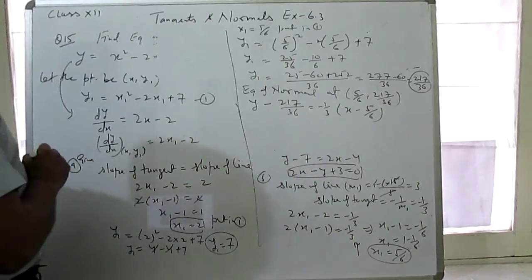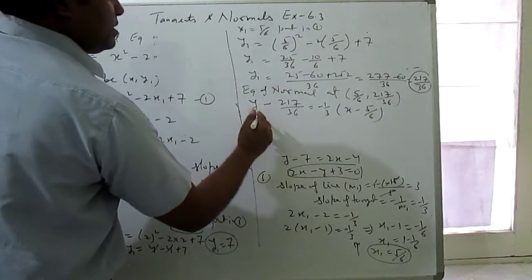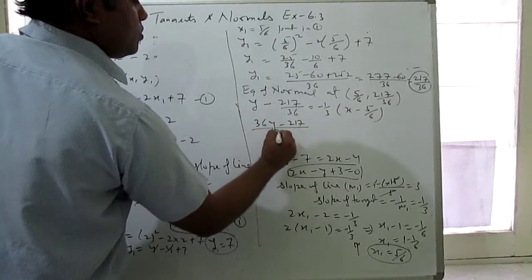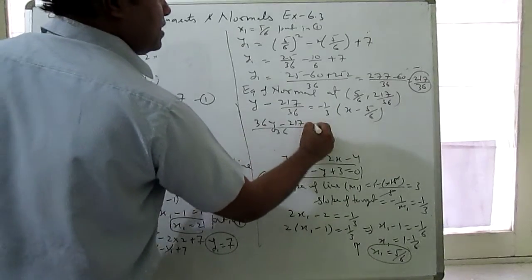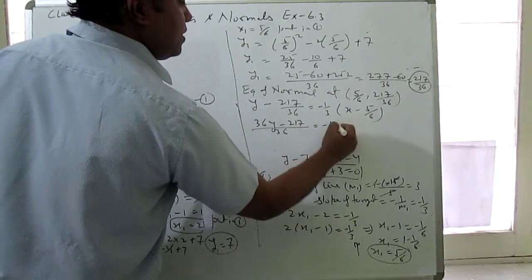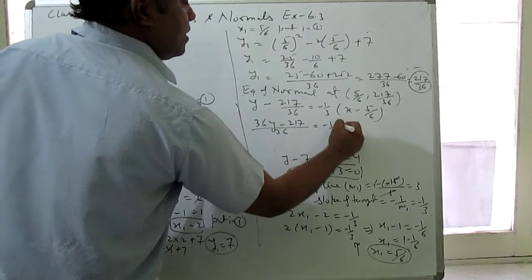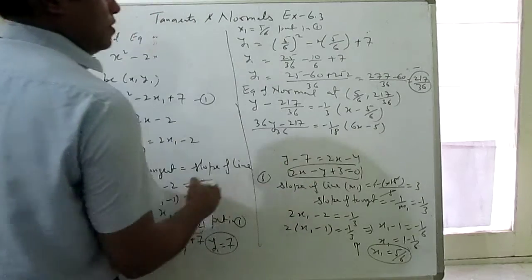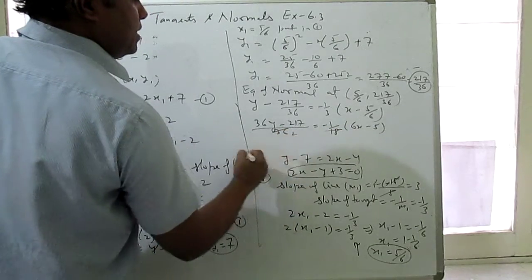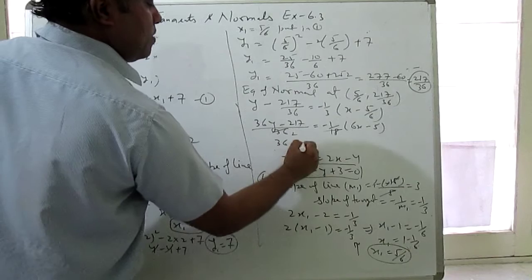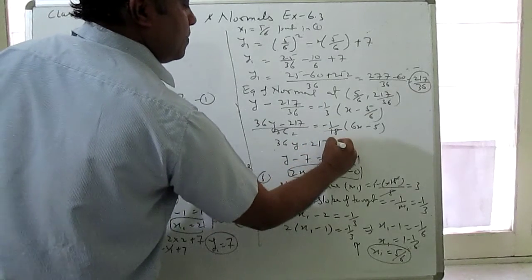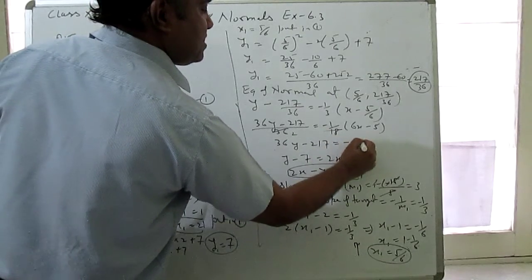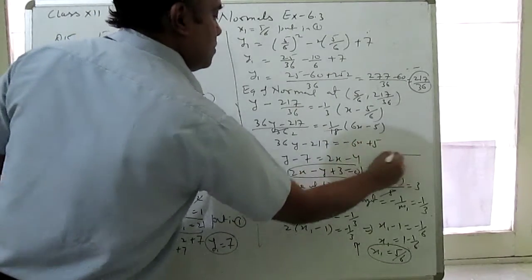Now you can solve, okay, take 36 LCM, 36y minus 217 upon 36, here you take 6 LCM, minus 1 by 3 into 6, 18, and this is 6x minus 5. Now 18 to the 36, so it is 36y minus 217 minus 6x is equal to minus 6x plus 5.